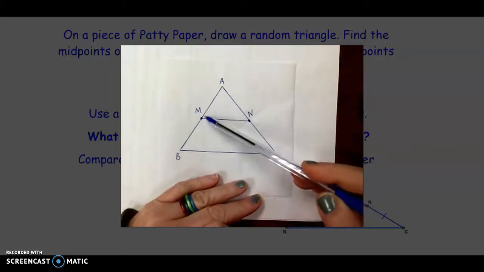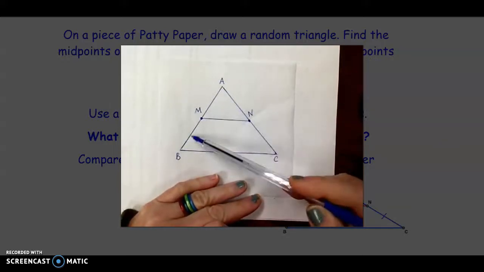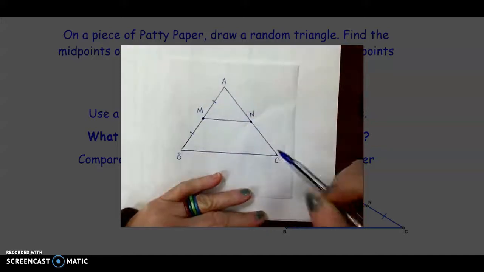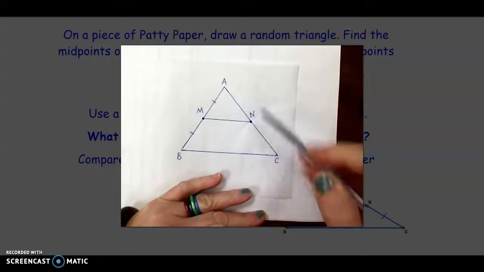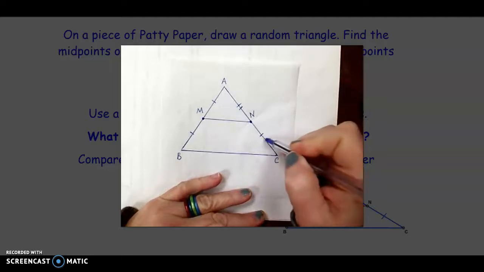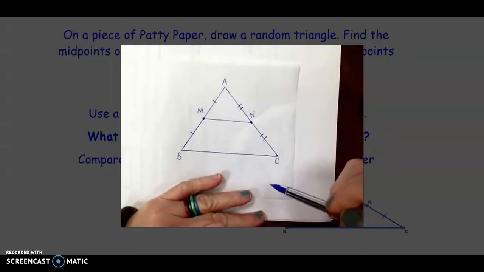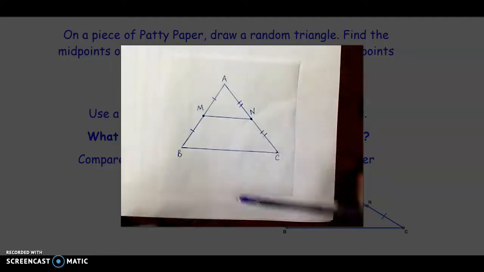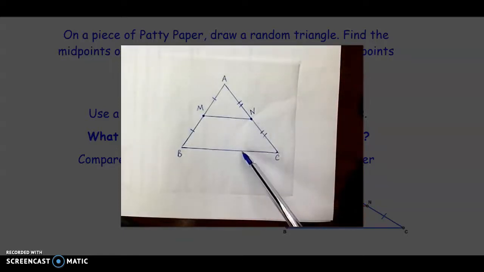So you can measure A to M and M to B. Remember, they should be equal to each other because M is a midpoint. And then I want you to do the same with AN and NC, which should be congruent to each other, but not necessarily to AM and MB. And then I want you to measure the other two segments as well, MN and BC. And then we'll come back together to see what interesting things we have discovered through this.